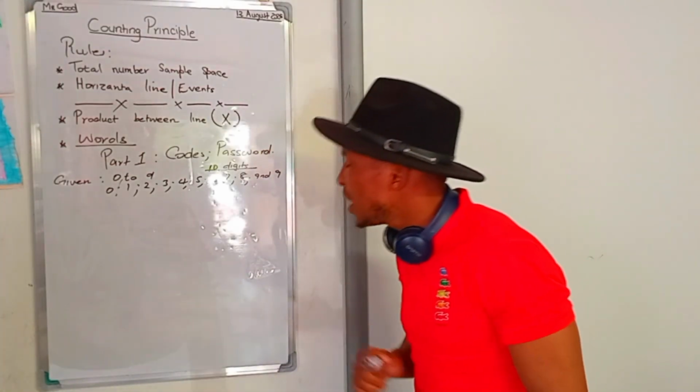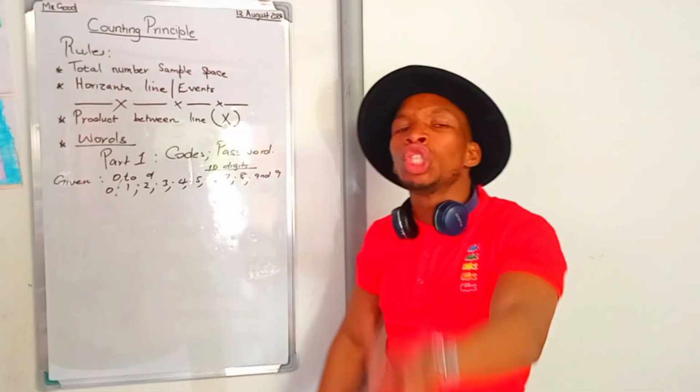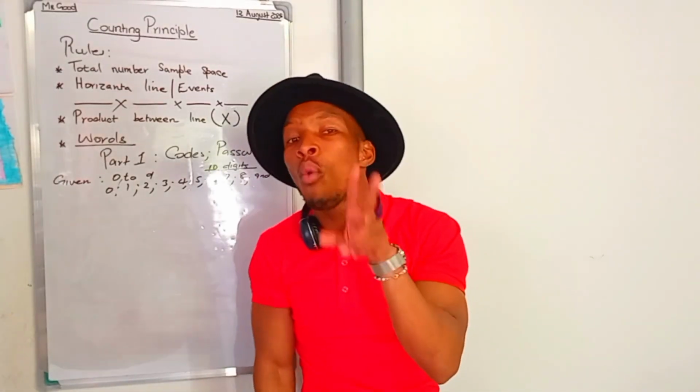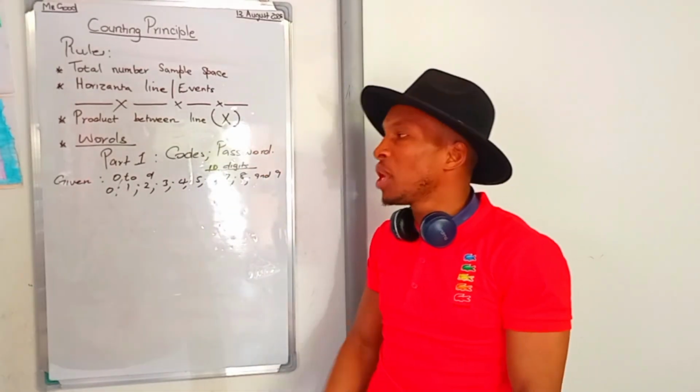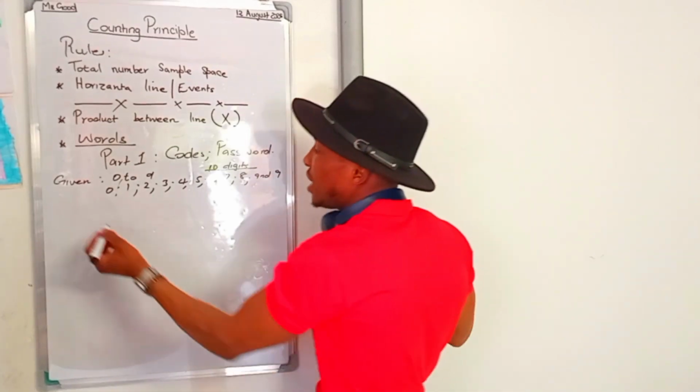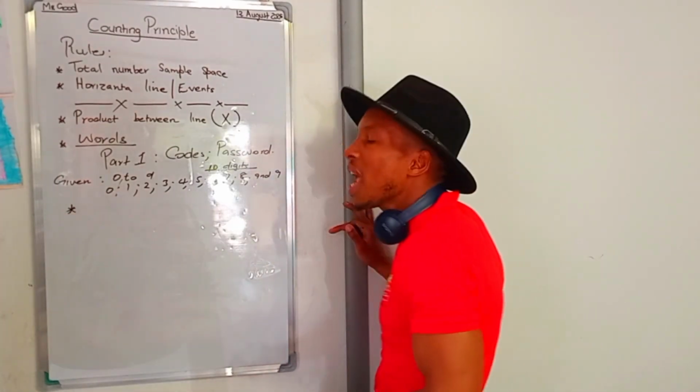All right. Then what is happening here? We have 2 key words on the counting principle. We have the first one that we normally look at, that is very important.